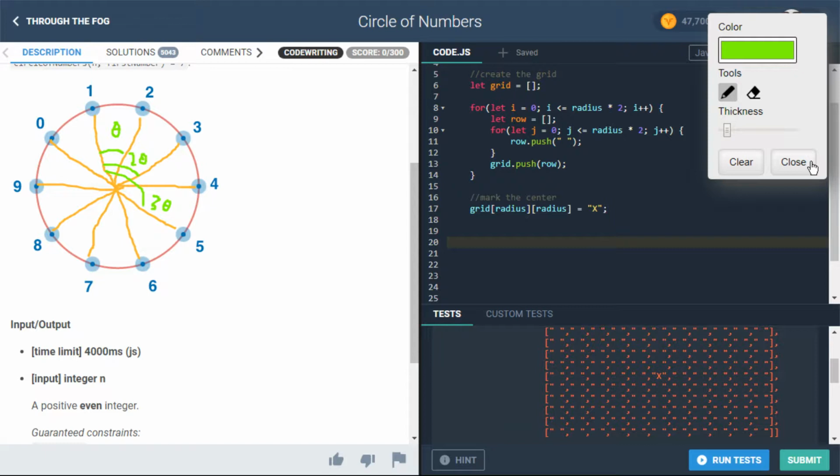JavaScript is expecting radians. So if we use sine and cos and any trig tools in JavaScript, it's expecting our angles to be radians. And so we probably want to use radians. Like I said, we could use degrees and then convert to radians, but maybe we'll just stick with radians.